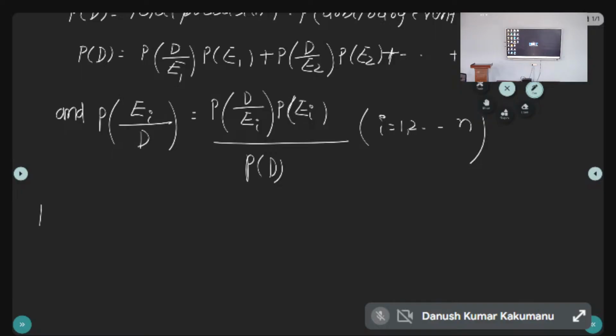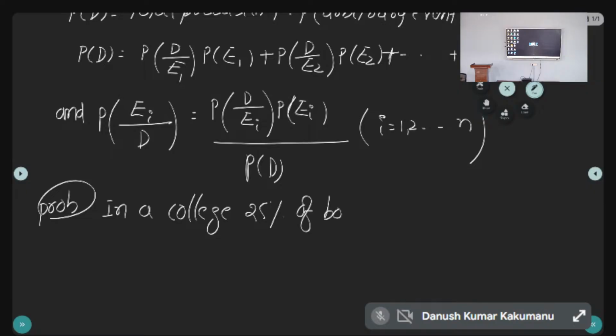One problem. In a college, 25% of boys and 10% of girls are cricket players.